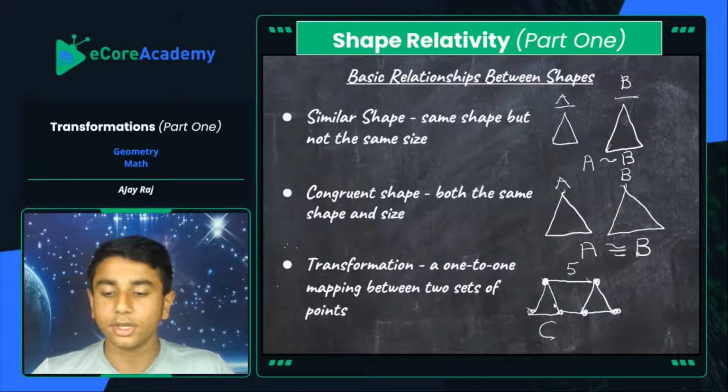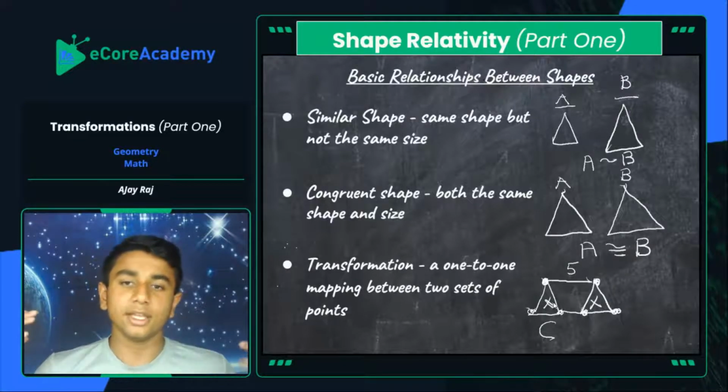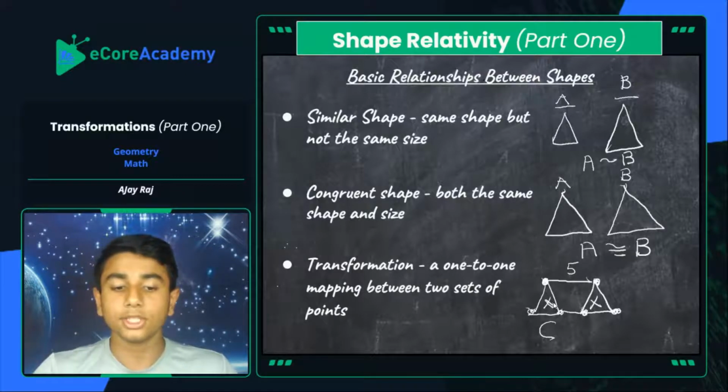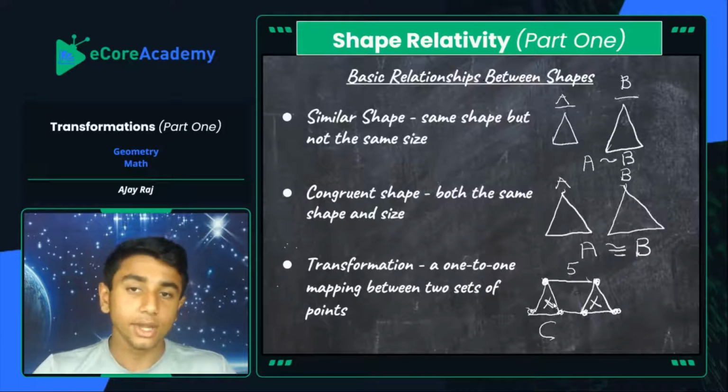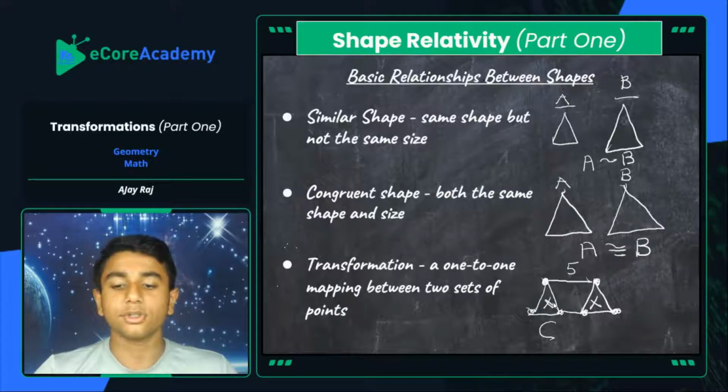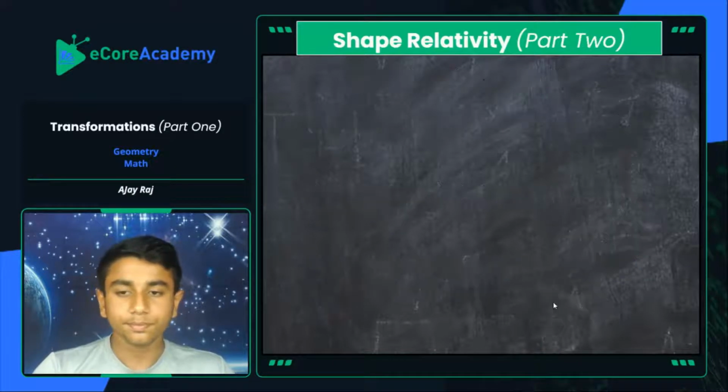So this triangle right here is similar to this triangle over here. That's what transformations do: they maintain similarity, but not always congruency. We'll get into what types of transformations maintain similarity and what types also maintain congruency.